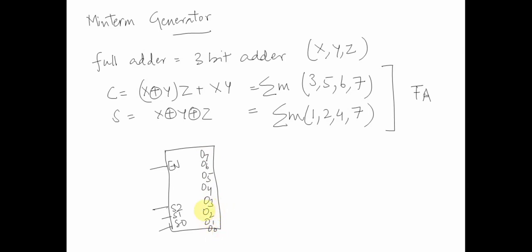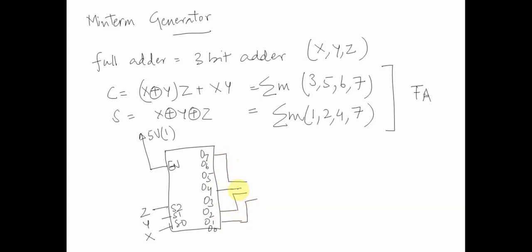Now what we can do is supply 5 volt or logic level 1 to the enable, and then S0, S1 and S2 can act as XYZ, and then all the outputs 1, 2, 4 and 7, we can tap.